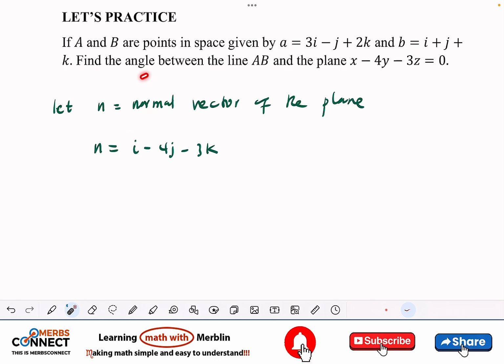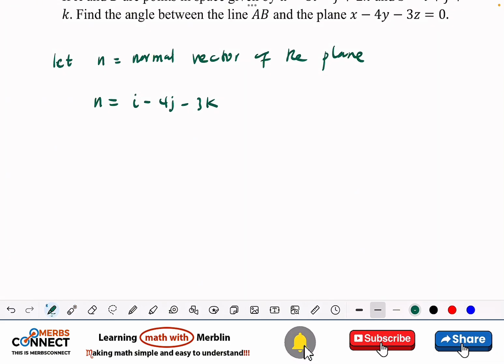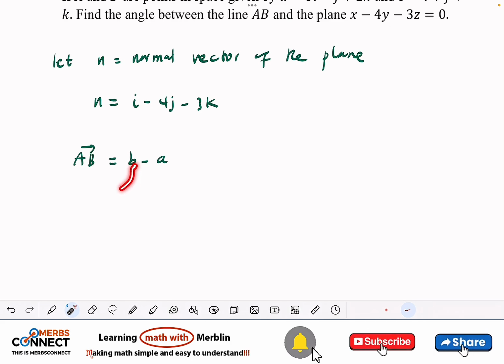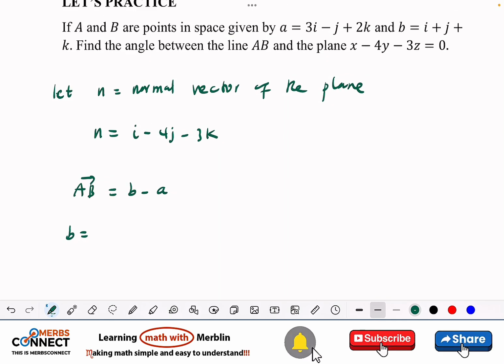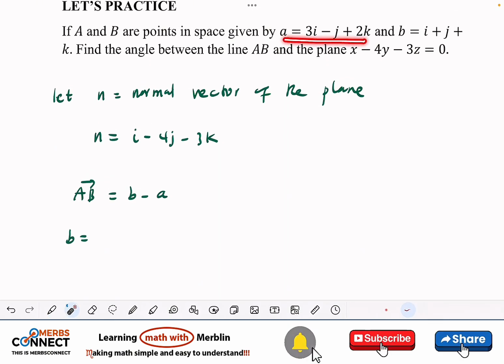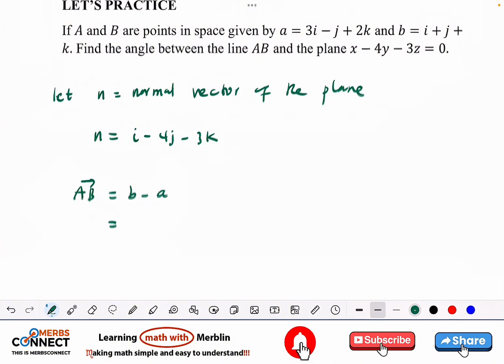For me to go through the dot product to find the angle between the line and the plane, I need to have AB. So let's find AB. Vector AB is equal to B minus A, where B is the position vector of big B and A is the position vector of small a. B is already given, and so is A. So now let's just plug them in.